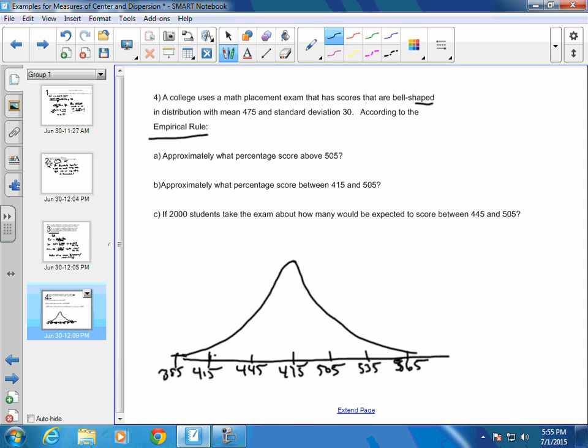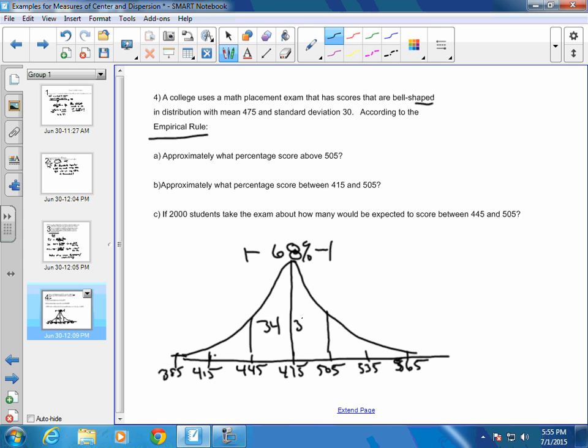What the empirical rule said was that if we go 1 standard deviation to each side, approximately 68% of the data values are going to be within 1 standard deviation. We take advantage of the fact that the normal curve is symmetric.